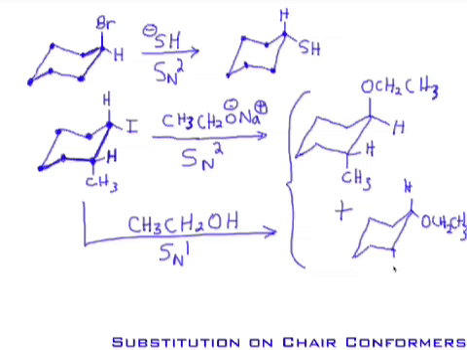Because what does SN1 do? It gives you racemization. Carbon, carbon, carbon, carbon, carbon. And you would get a racemate.